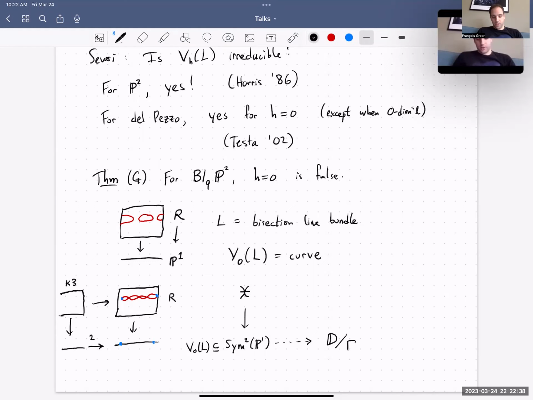So you can realize these Severi curves V_0(L) as nodal Lefschetz loci in the space of double covers.